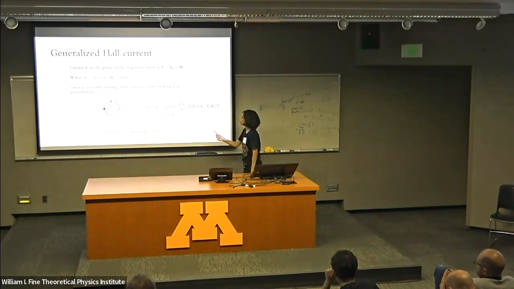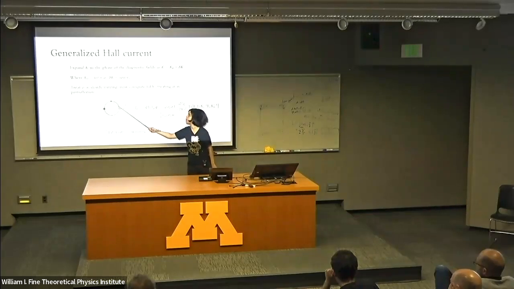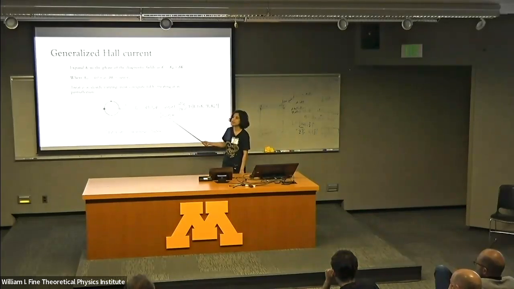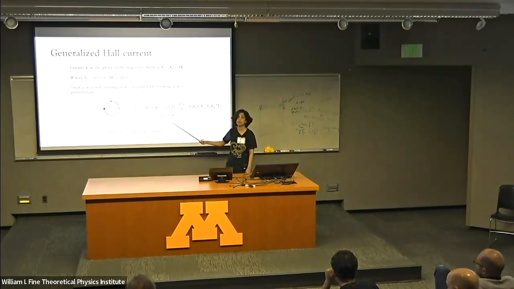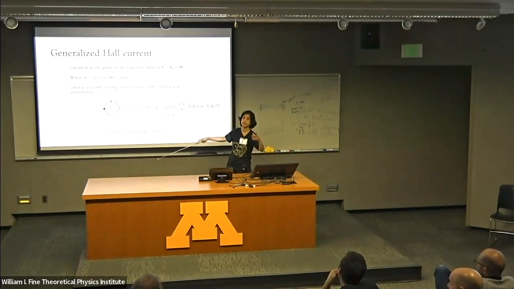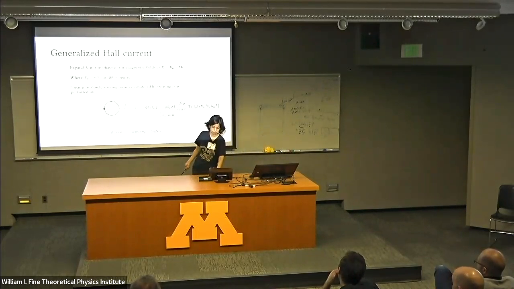To do this manipulation, K0 inverse are the fermion propagators of my double theory, and it simplifies to a form that looks like this. And now if you compute the divergence of this and integrate over all space, it just computes the winding in alpha. So as you can see, the generalized Hall current is proportional to the winding. So you have now the Hall current description that I wanted to arrive at.